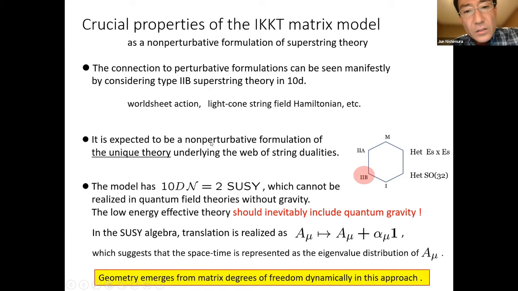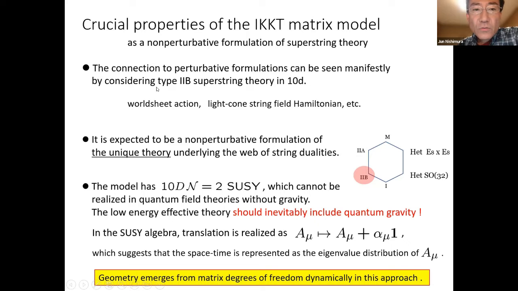In this single slide, I would like to discuss some crucial properties of this matrix model as a non-perturbative formulation of superstring theory. First, you can see the connection to perturbative formulations by considering type IIB superstring theory in 10 dimensions.